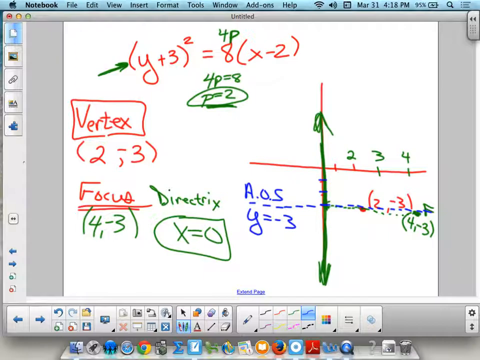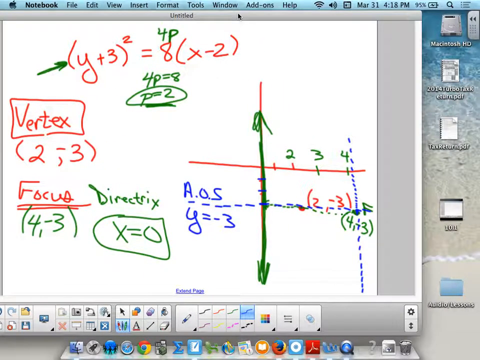All right. What else? Oh, endpoints of the latus rectum, or focal width. You've got to remember the focus. At the focus, we have a certain width. How wide is the parabola? Well, wherever this parabola falls, I don't know where it falls. It could fall here, here.